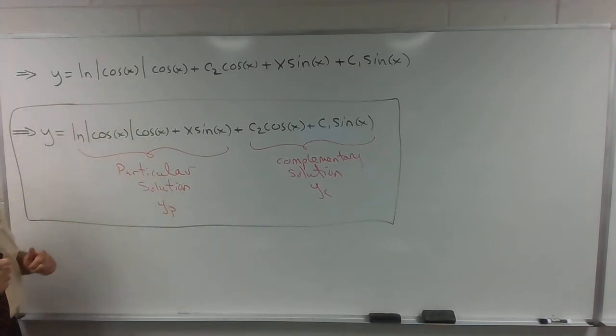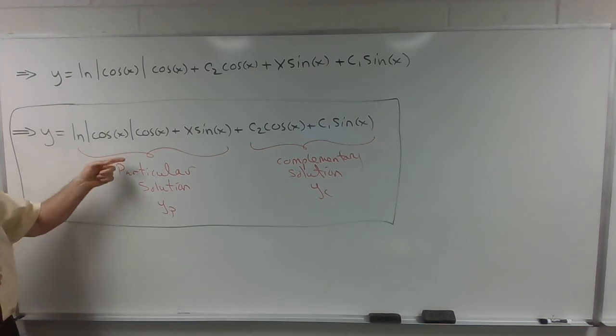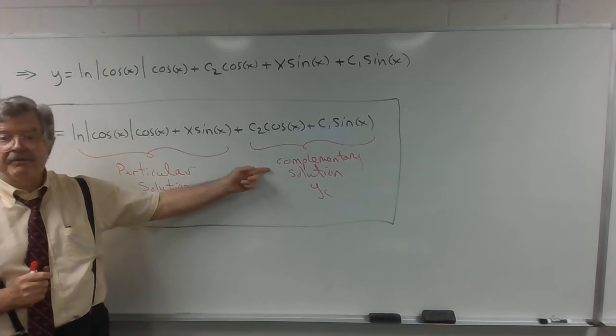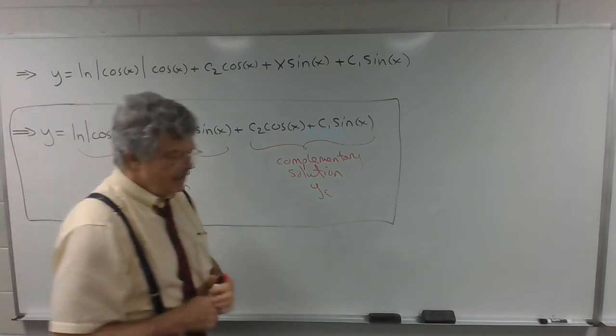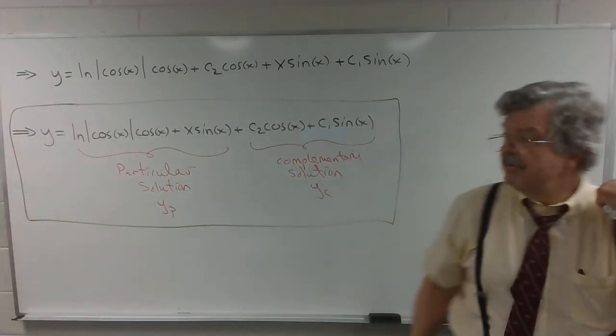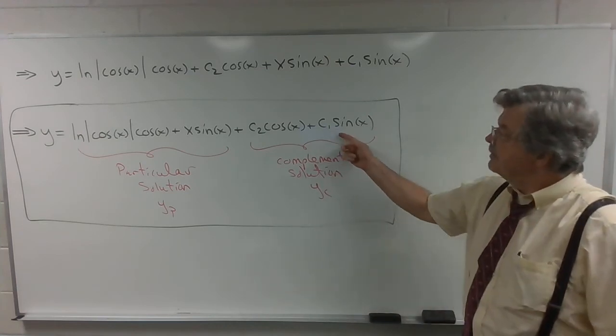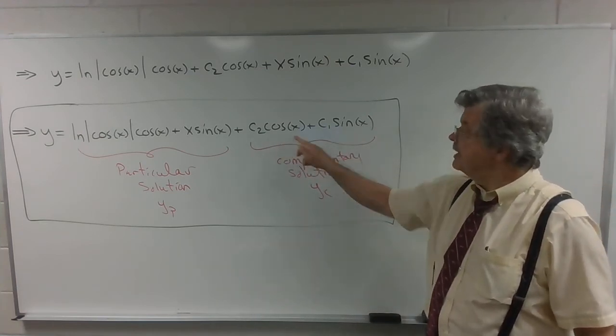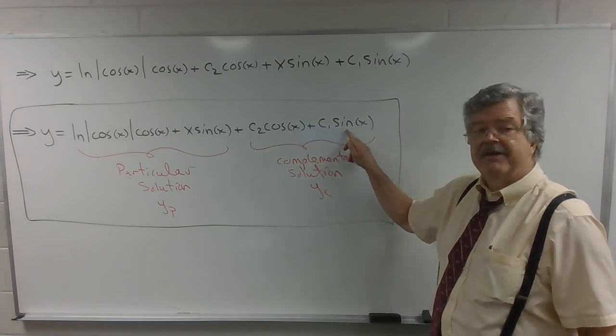And we do indeed have a general solution that's the sum of a particular solution plus a complementary solution. And if you remember, it's this complementary solution where we had a cosine of x plus b sine of x.